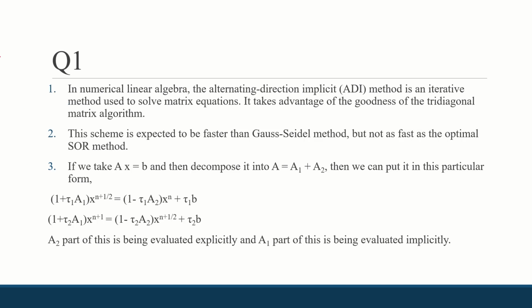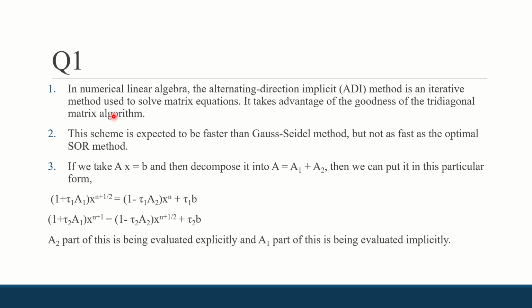We'll have a small recollection of the alternating direction implicit scheme. In numerical linear algebra, the alternating direction implicit method is an iterative method used to solve matrix equations. It takes advantage of the goodness of the tridiagonal matrix algorithm.